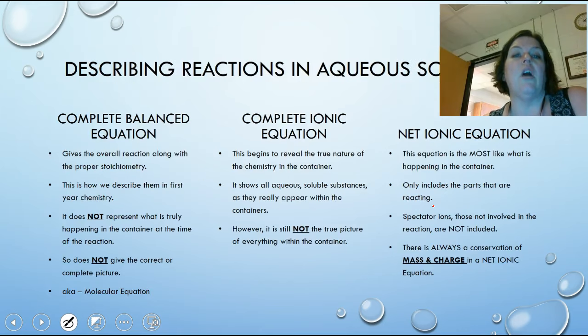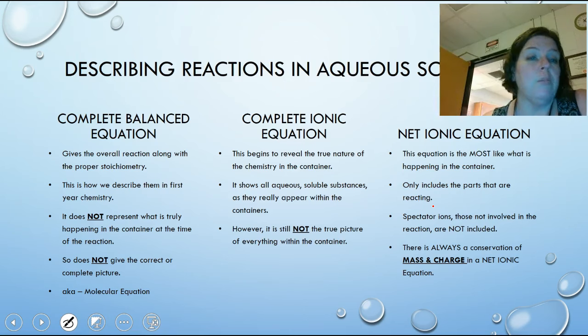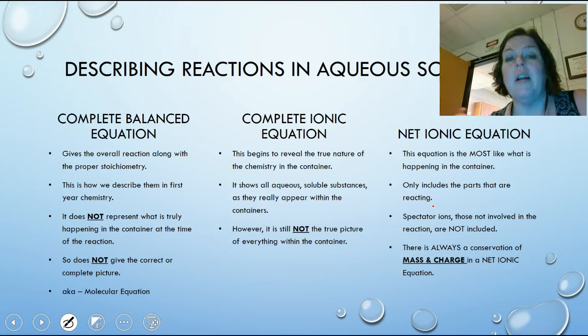All right, so describing chemical reactions or aqueous solutions in chemical reactions. We have 3 ways to do it. The complete balanced equation. You can see what all that is. We also call this the molecular equation. Then we have the complete ionic equation. That means we've taken everything and we've broken it down and made it look like what it looks like in the beaker. But that's still not the true picture of what's happening in that reaction, and we want a true picture.